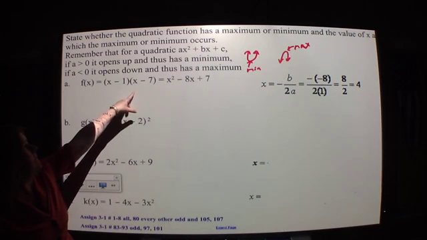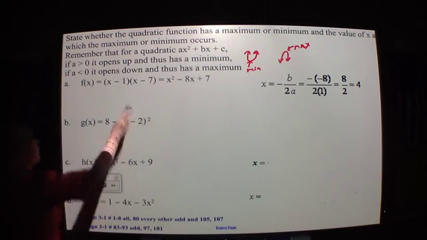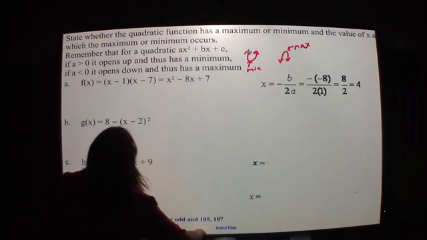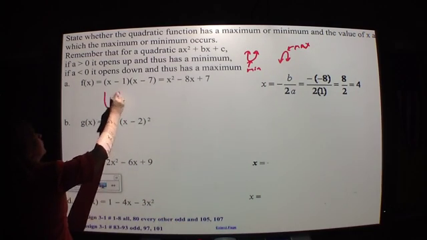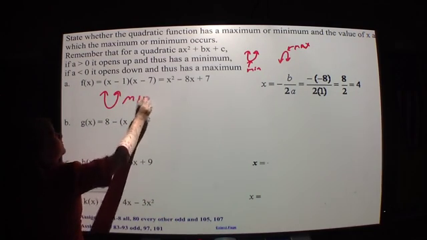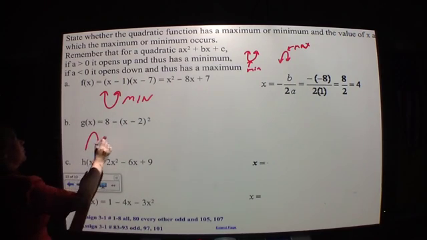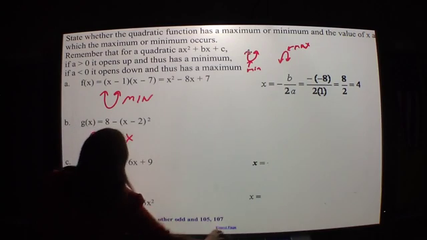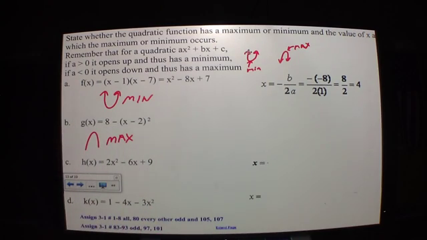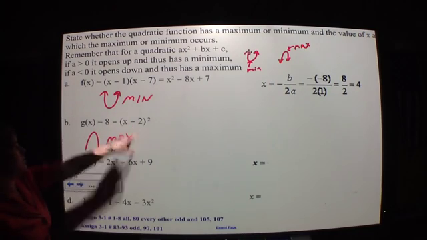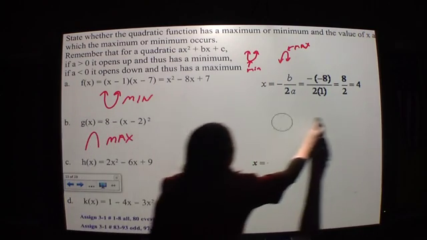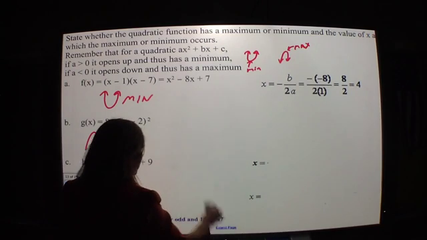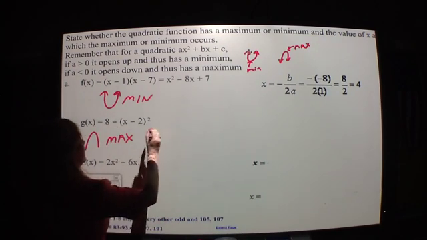This one opens upward, so this one has a minimum. This one opens downward, so this one has a maximum. And I don't even have to use the equation for this one because it's the x-coordinate of the vertex. 2 is the x-coordinate of the vertex. I don't know if I wrote it anywhere, but I'll write it here. There.